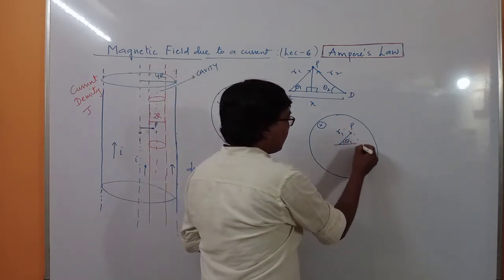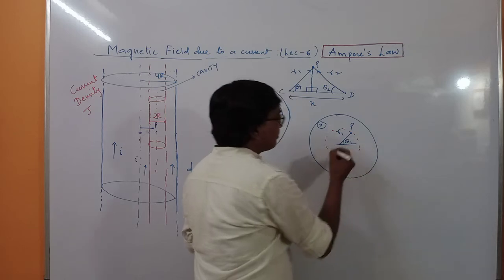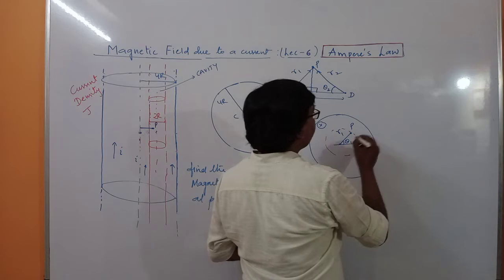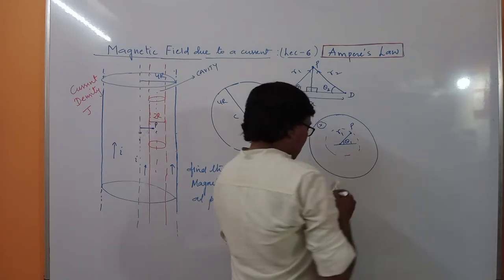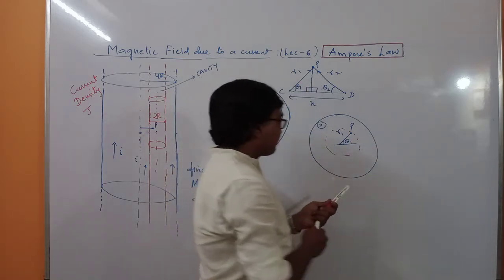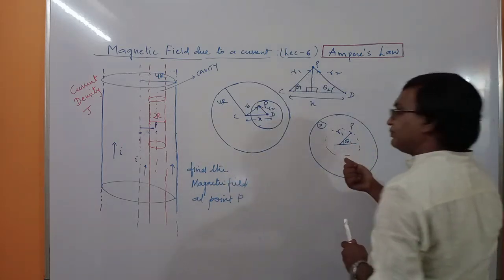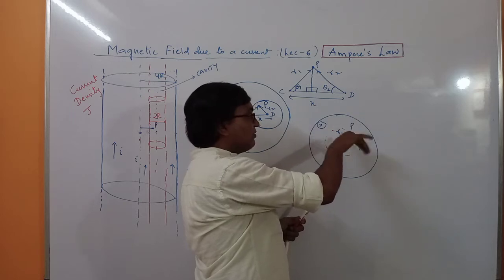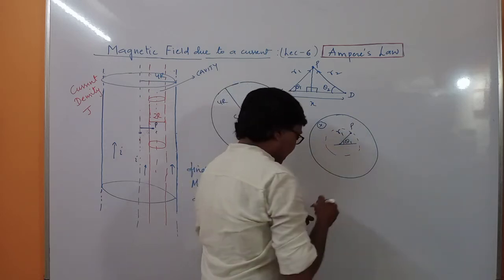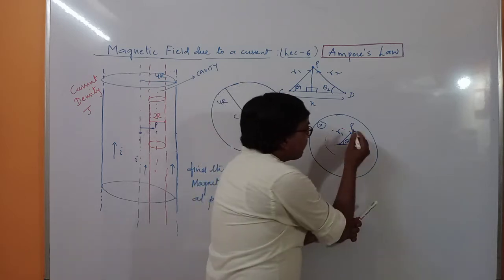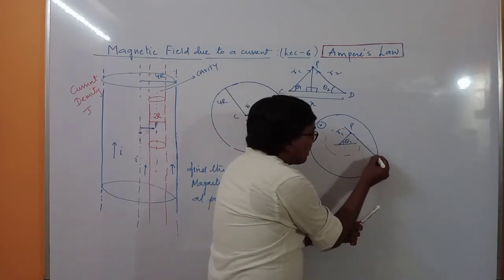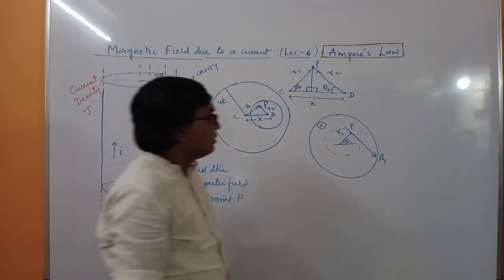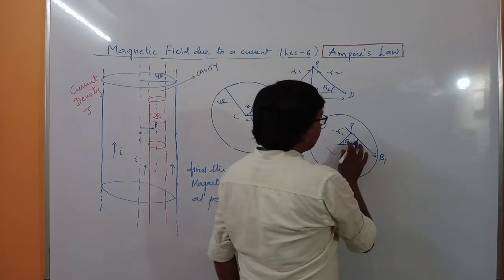Through this loop, let us call the magnetic field B1. The direction of B1: the current is inside the board, so the direction will be perpendicular to this, along the tangent to this circle. So this is the magnetic field B1.